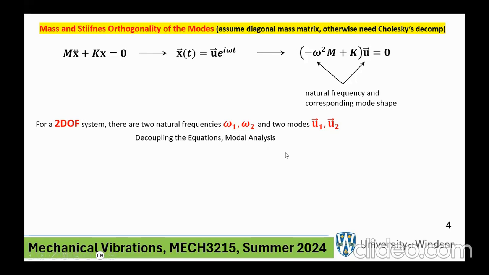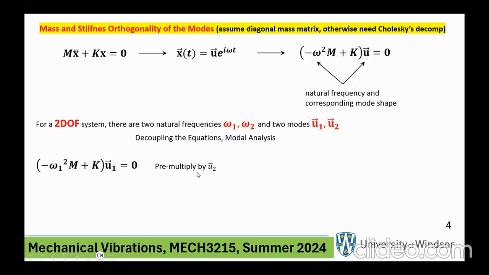Okay, so first of all, because u1 is the mode shape with omega 1, if I look at this equation and plug in u1 and omega 1, it's going to be 0. That's obvious, because that's what mode shape and natural frequency mean. In other words, the vector u1 comes from this equation when you replace omega with omega 1.